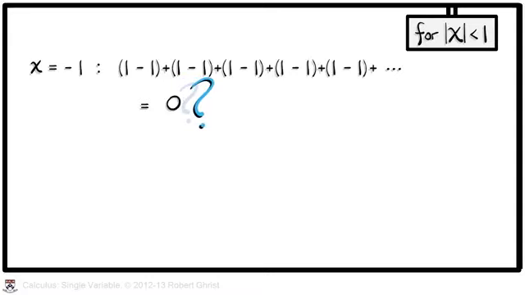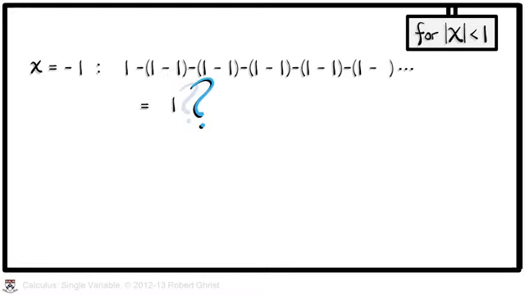Then we would seem to get 0. What's wrong with that? Well, if you could do that, then why not pair the terms a bit differently and take 1 minus (1 minus 1) minus (1 minus 1), so that the sum would be equal to 1.